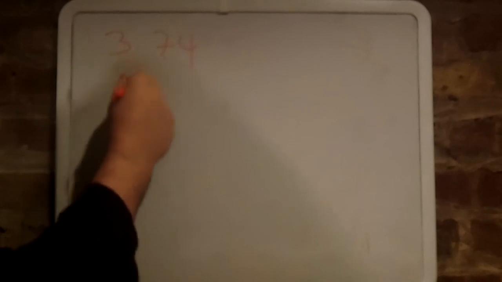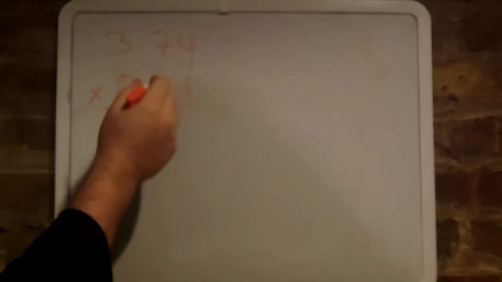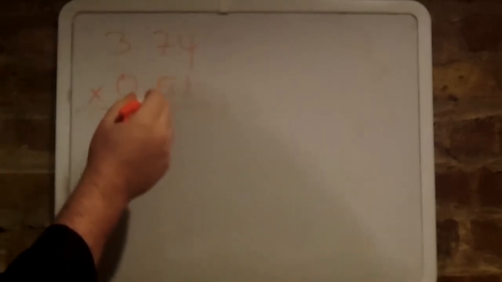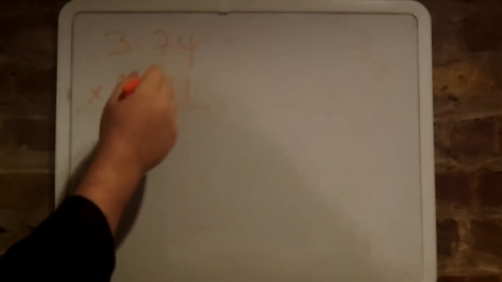So if I have, say, 3.74 times 0.51, okay, the key to this is to ignore the decimal point while you're working the problem, but what you do need to do is count the number of digits to the right of the decimal.